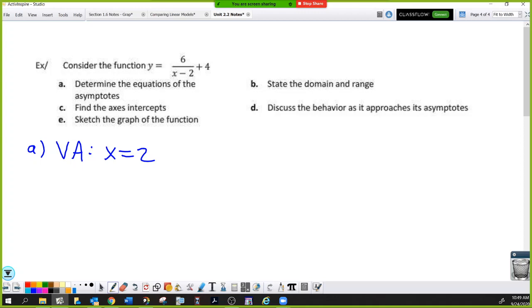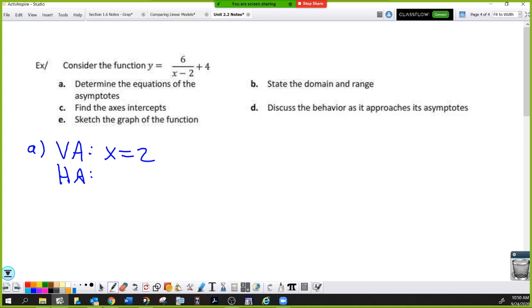Okay? But the horizontal asymptote. I said it's usually leading coefficient of the top divided by the leading coefficient of the bottom. I don't see any x's on the top. And since there are no x's on the top, what is the leading coefficient there? It's 0.